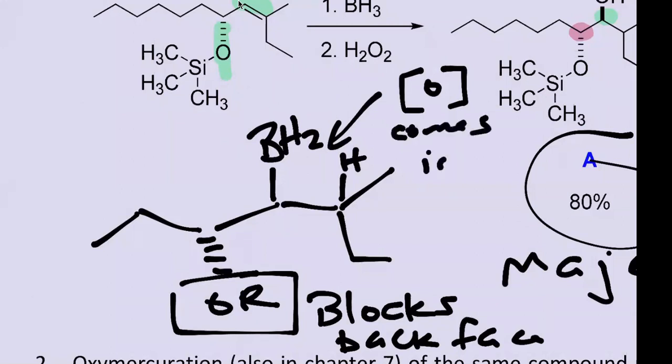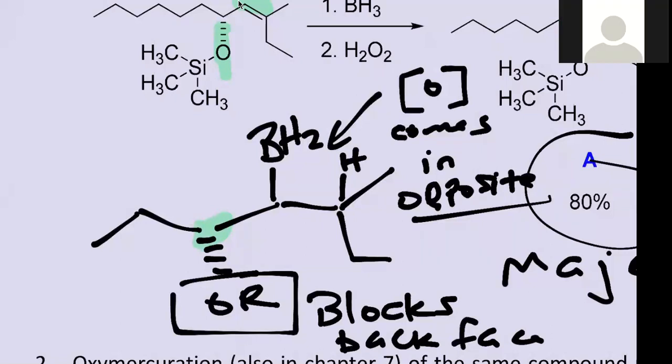I'm just going to put it comes in opposite. That's why you see A as the major product, because the oxygen prefers to come in opposite to where the substituent, the chiral center, is right here. That's going to dictate everything. That's going to dictate how oxygen comes in and which product is formed in the highest amount.